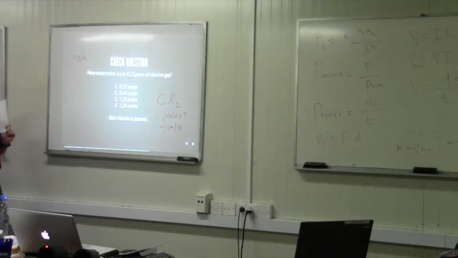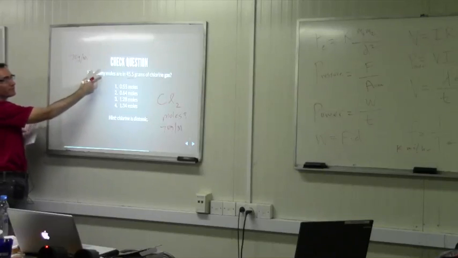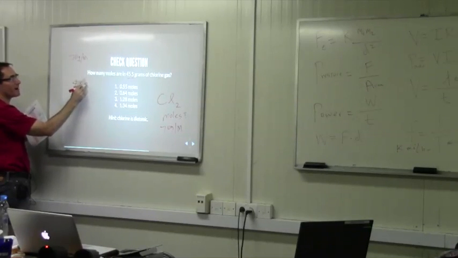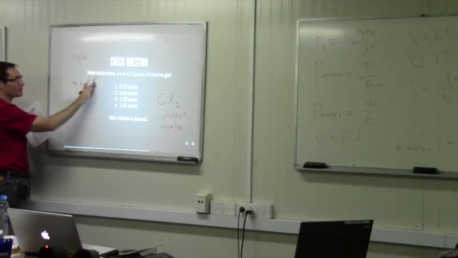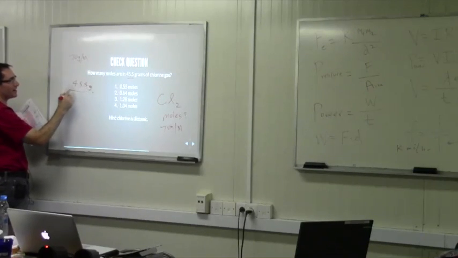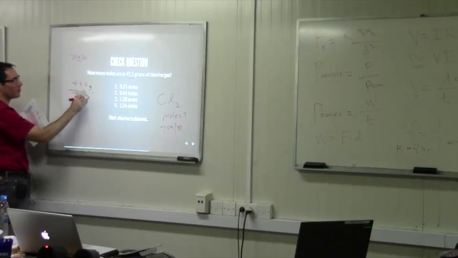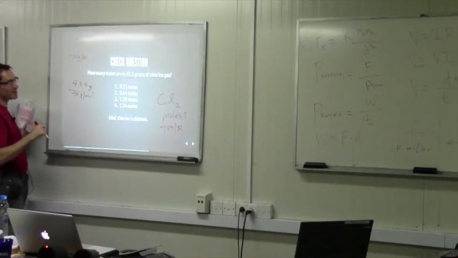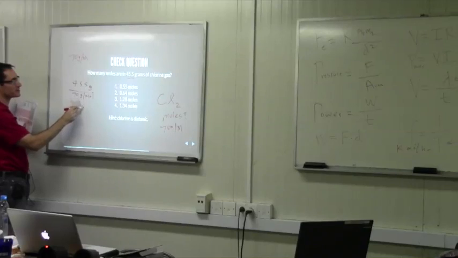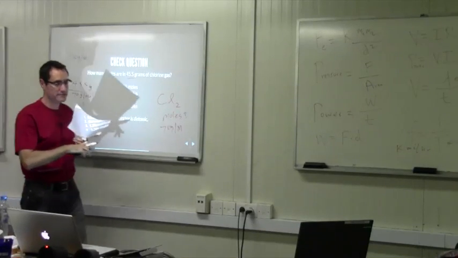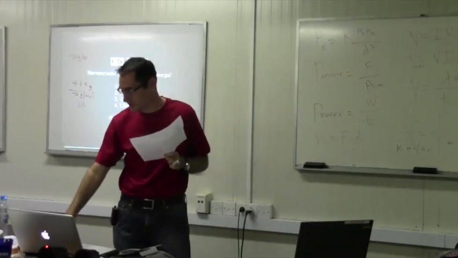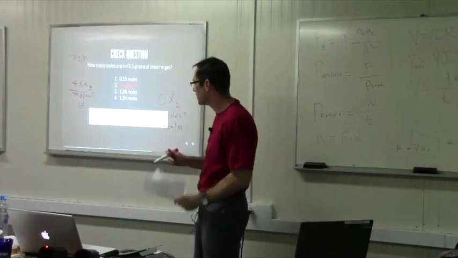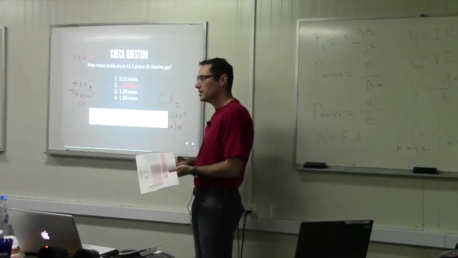Divide which by which? Divide 45 by 70. You have 45.5 grams divided by 70 grams per mole, which gives you the number of moles. So what's 45.5 divided by 70? 0.64 maybe? Let's see if that's right. Ta-da, 0.64. OK, 0.64 moles.